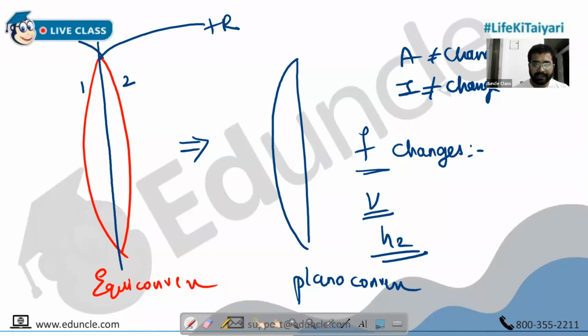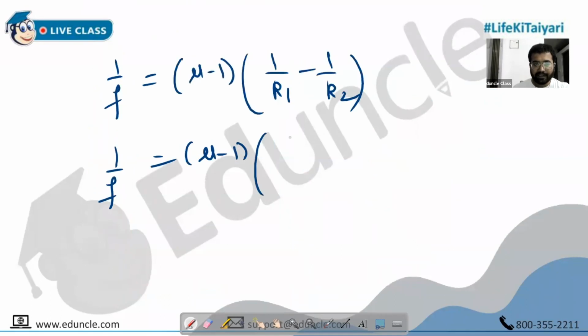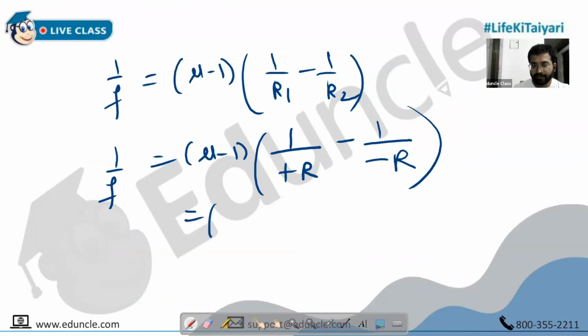The second surface goes to the left, so it is minus r. Please take care. So r1 is plus r and r2 is minus r. This gives (mu - 1) into 1/r plus 1/r, which is 2/r.